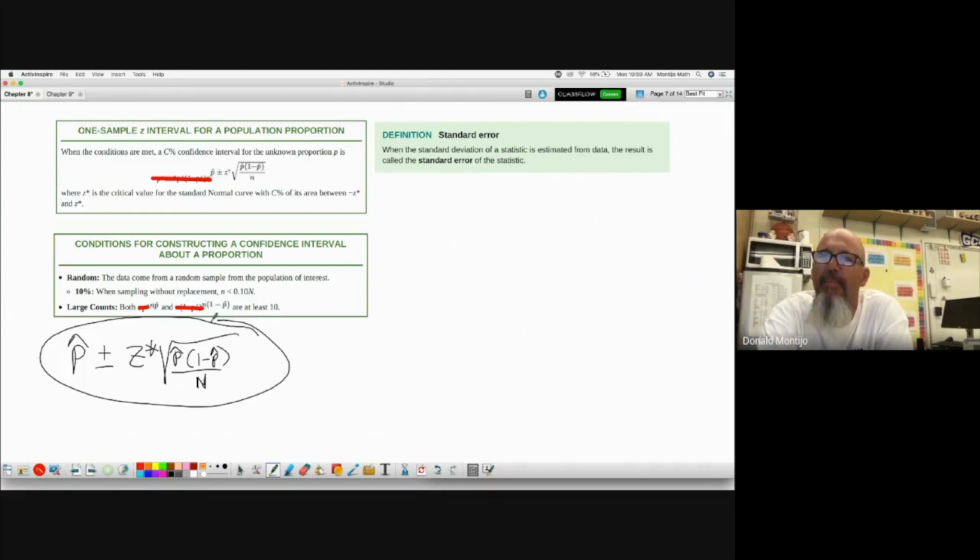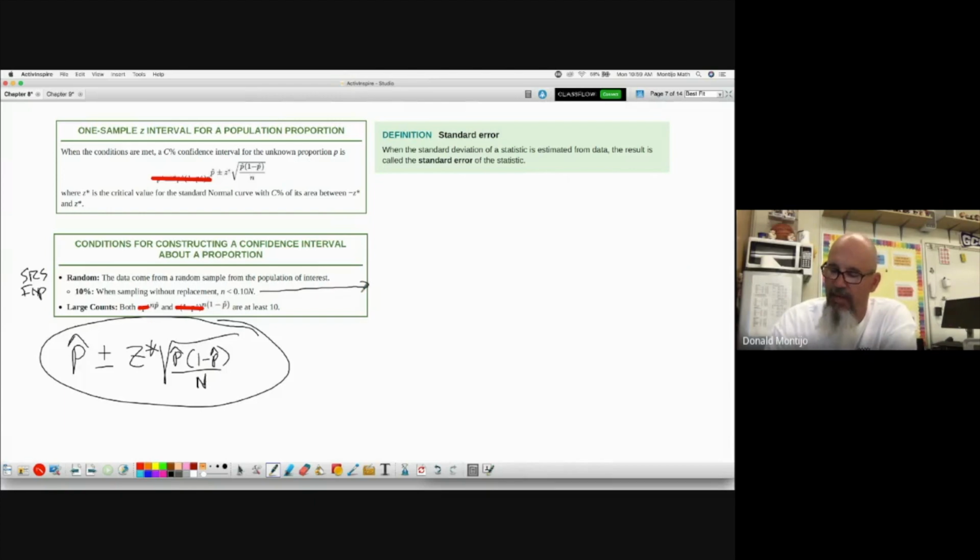So that's independent. So we have SRS, independence. Is the data independent? If it's not independent, then we cannot trust our confidence interval. What this is saying is that the population must be at least 10 times the size of the sample.